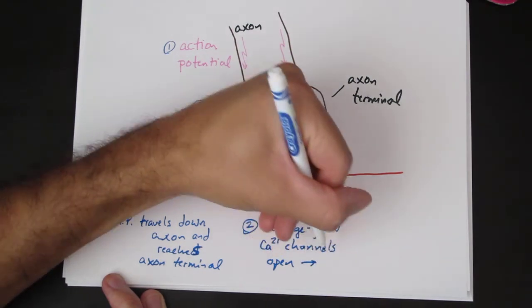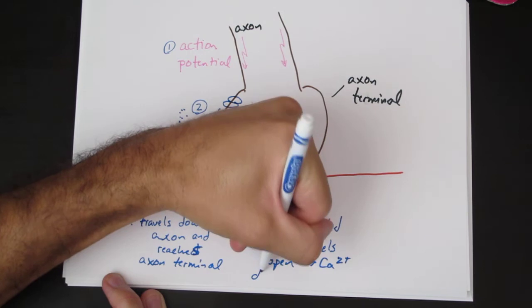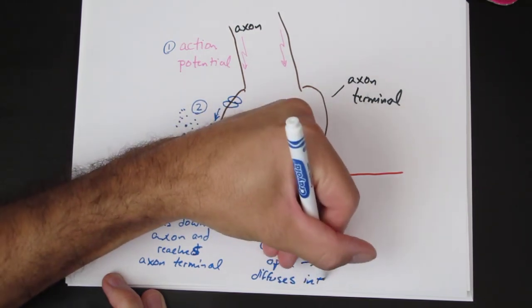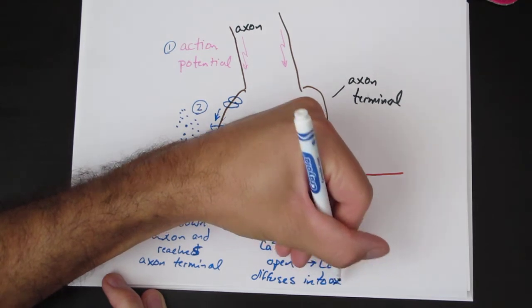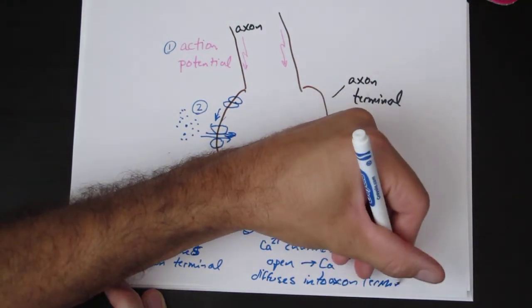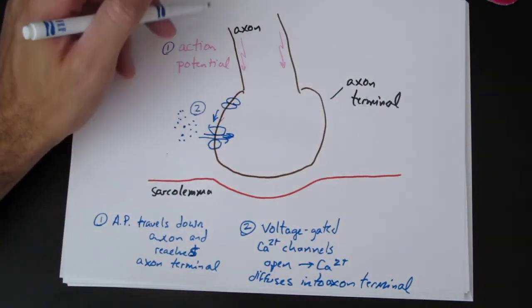So calcium diffuses into the axon terminal. And that's what we have happening there.